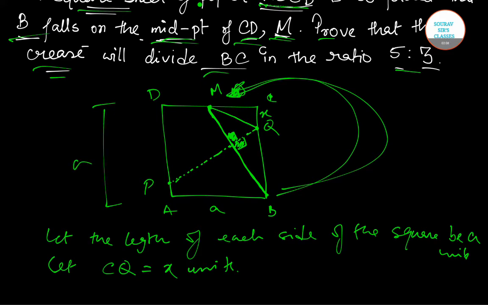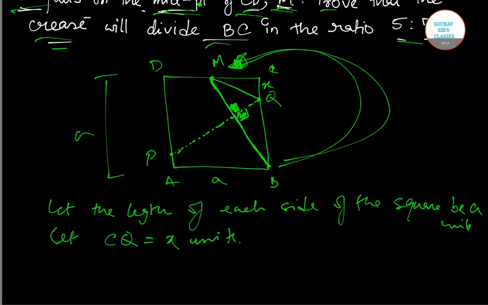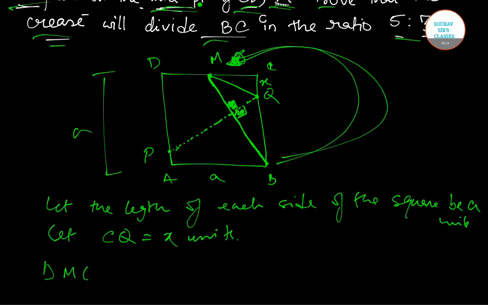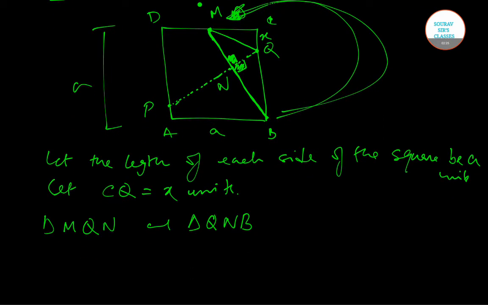So coming to the question, we have two triangles, say triangle MQN, where we name this point as N, and triangle QNB. Now in triangle MQN and triangle QNB we have QN common.